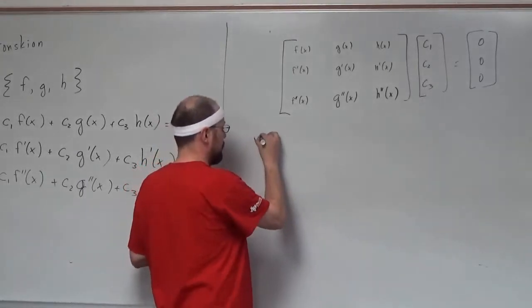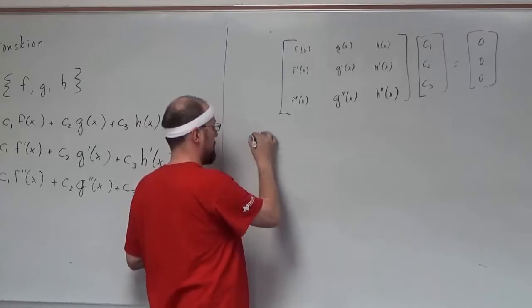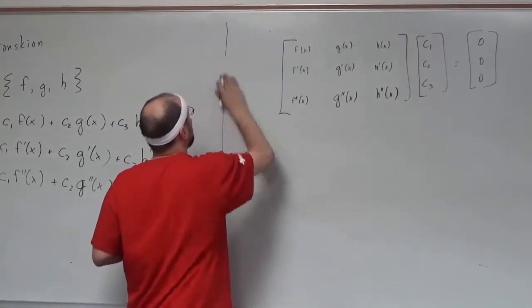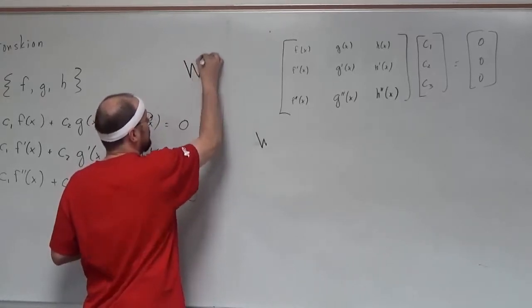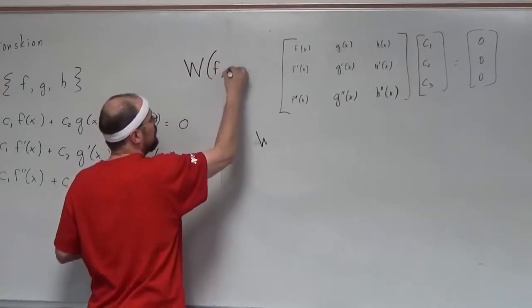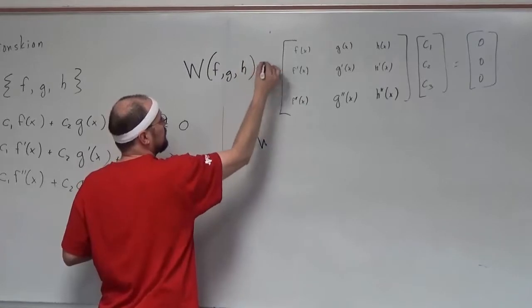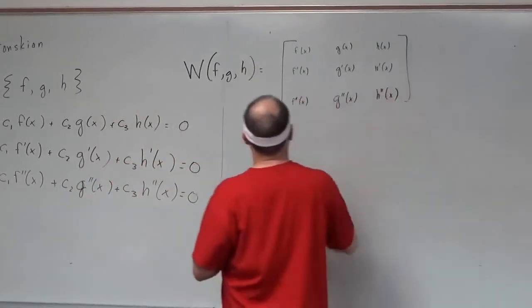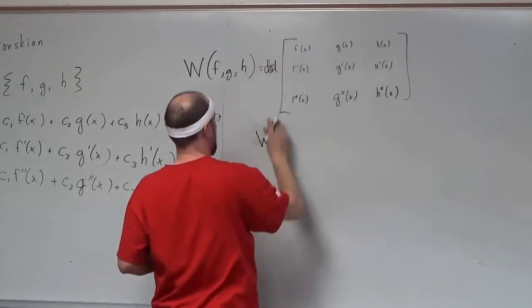And let me write the following. So this would be the Wronskian, say W, of f, g, and h. That would be the determinant of this matrix.